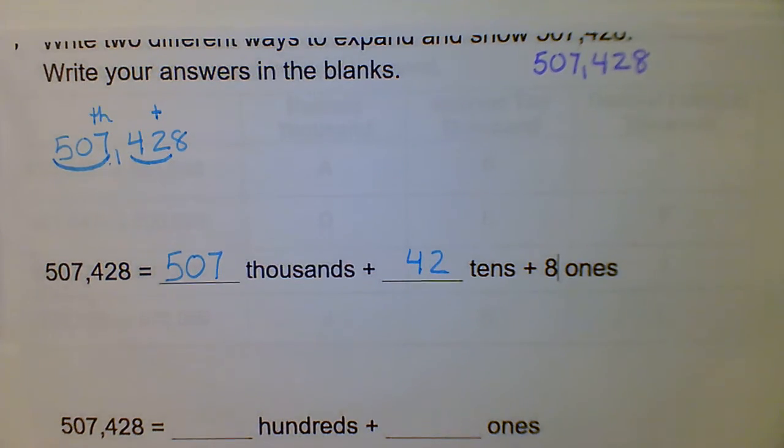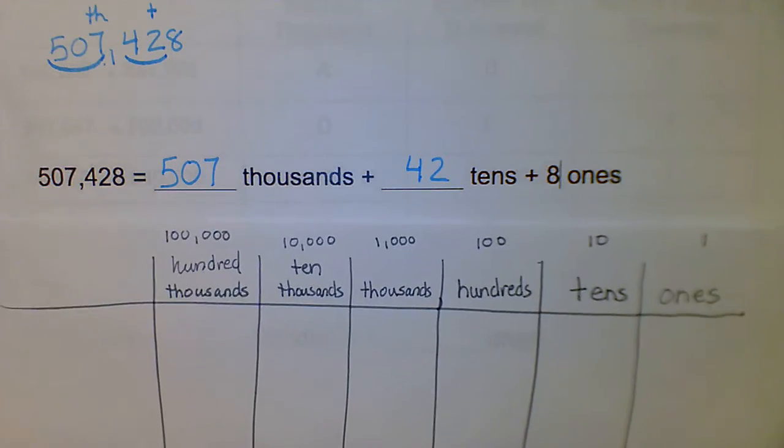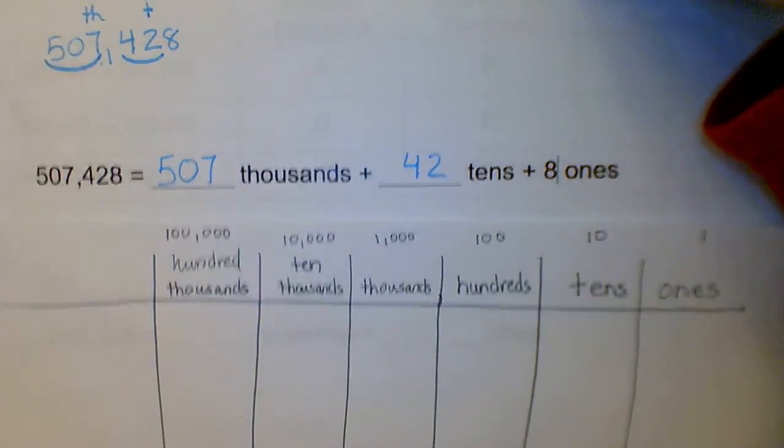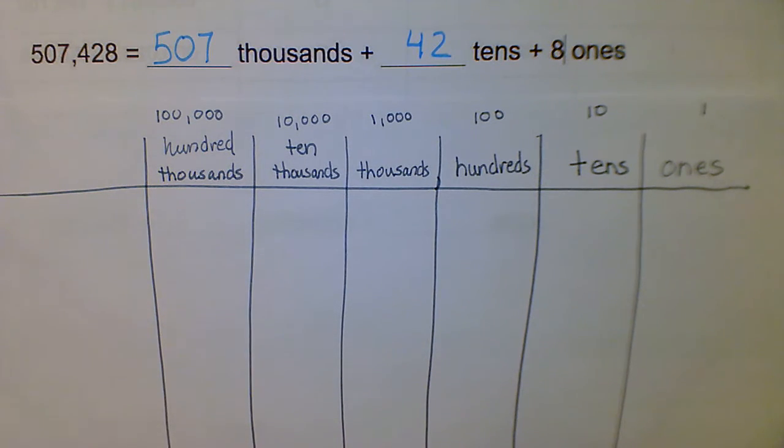So that's one way I could do that. The other way is using a place value chart. So remember before I had a place value chart made up for us? So here we go. Here's our place value chart. Let's move all this up a bit to give us a little bit more room. So I also cut out our number.